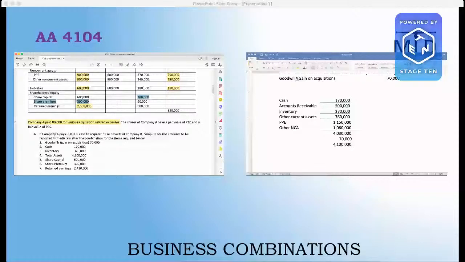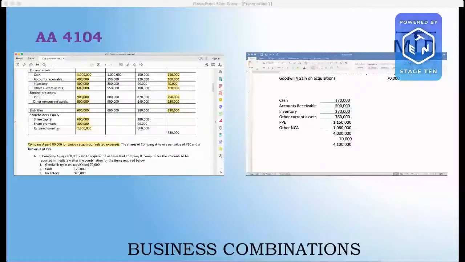You ignore already the shareholders' equity of the acquiree. There will be double recognition, class, if you are going to add the equity when you have already added the net assets, the liabilities. So the acquirer recognizes only the assets and liabilities. Of course, we have nothing to do with the shareholders' equity of the acquiree.